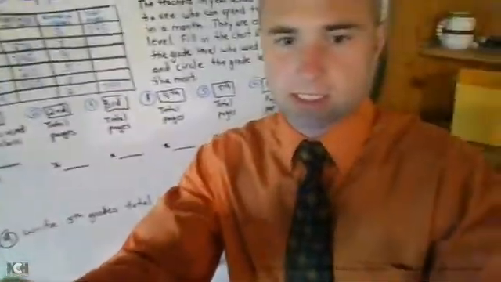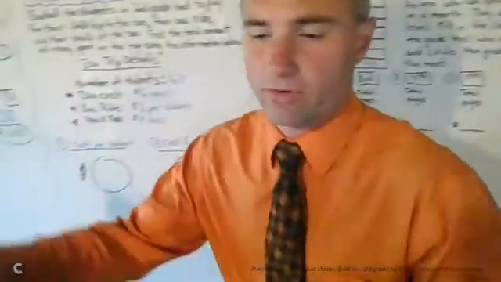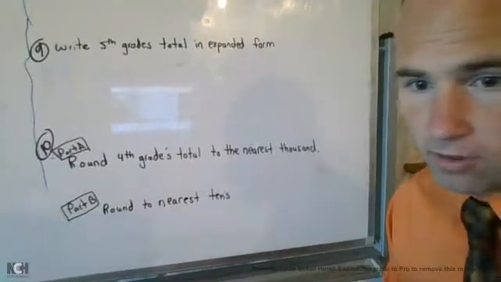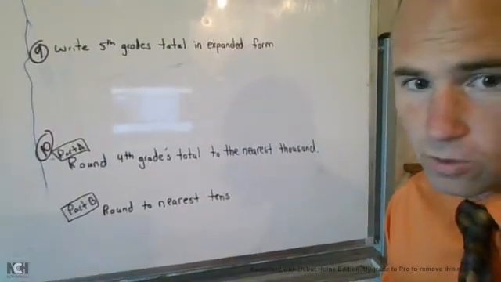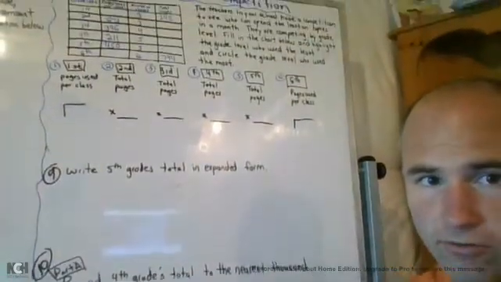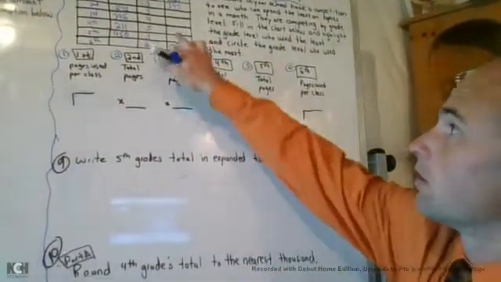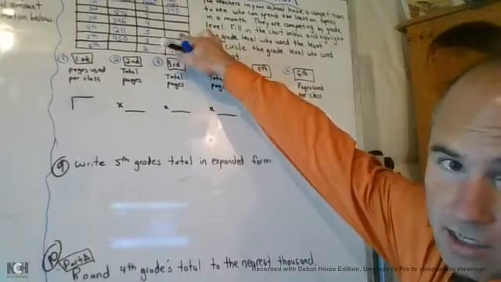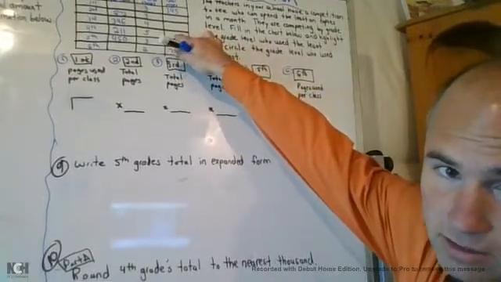Last but not least, we have question 10 in this section, part A and part B. So, part A, round 4th grade's total to the nearest 1,000. So whatever you get for a 4th grade's total, all right, you're going to round that number to the nearest thousands place.